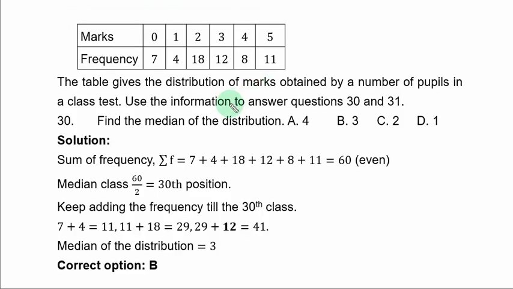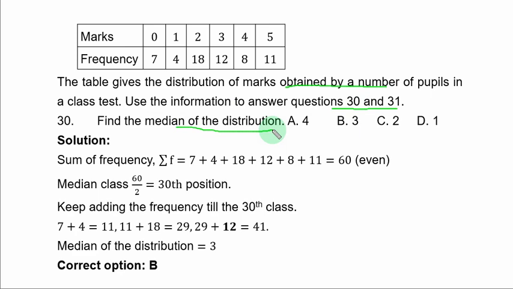The table gives the distribution of marks obtained by a number of pupils in a class test. Use the information to answer questions 30 and 31. Question 30, find the median of the distribution.